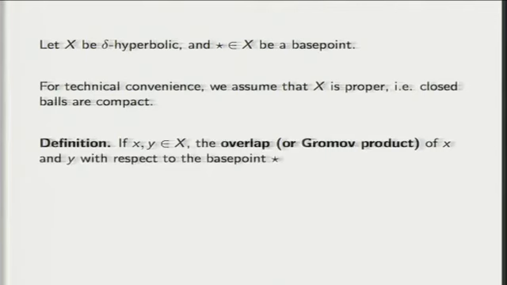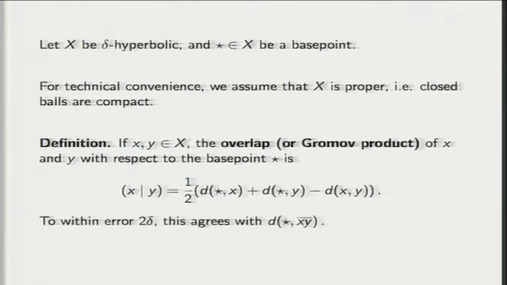First of all, let's specify a base point, which I'll call star. Given 2 points in the space X, the overlap of those 2 points with respect to the base point star is given by this slightly weird-looking formula. But if you think about the statement about approximation by trees, it has a very simple meaning.